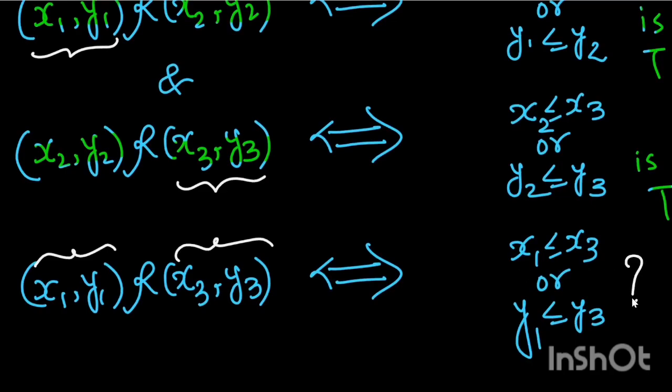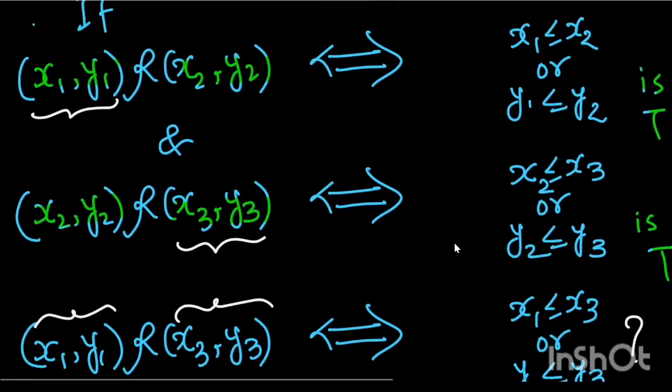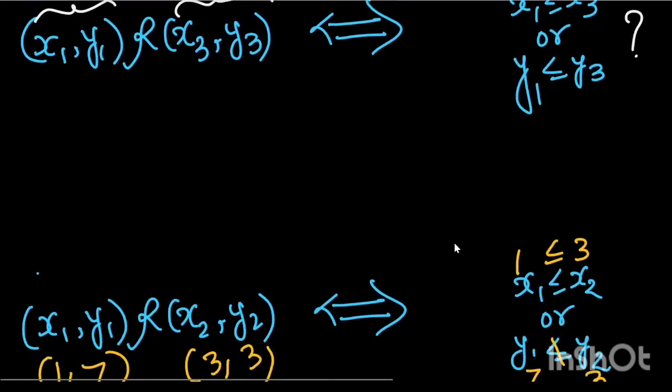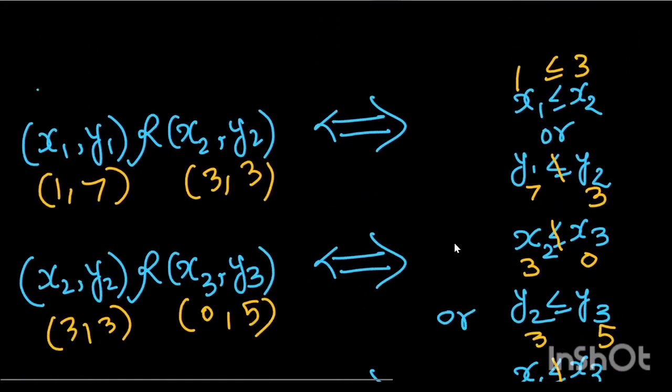So we will try to take a counter example which refutes the last one. We will choose x1 y1 as 1 7, x2 y2 as 3 3, and x3 y3 as 0 5.